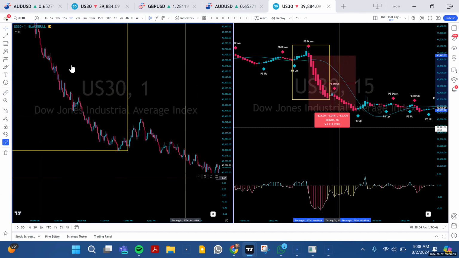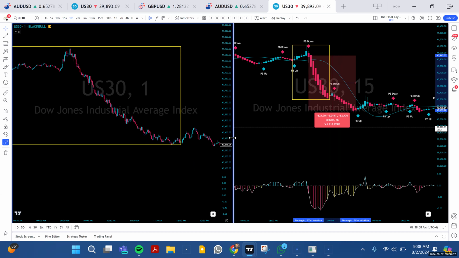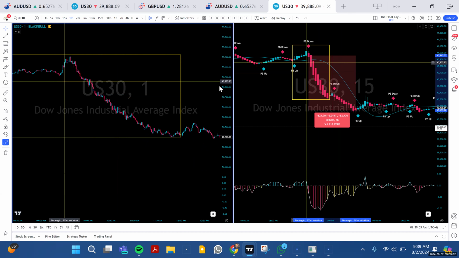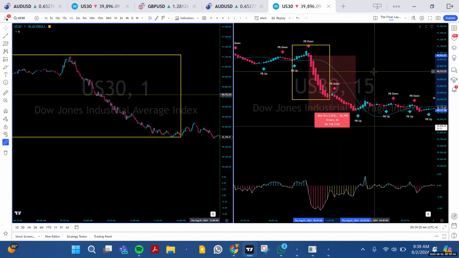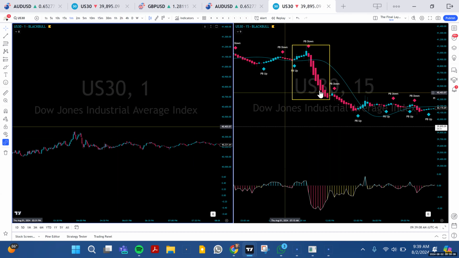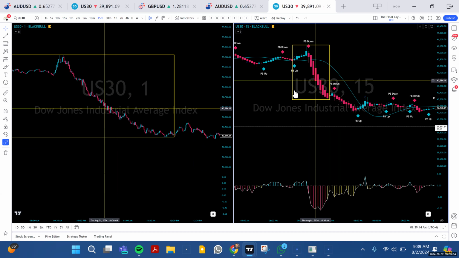So yesterday, we put it in pretty late between NAS and this one and AUD USD, and doubled up the account in a very short amount of time, kind of like we did today. So very, very valuable there.